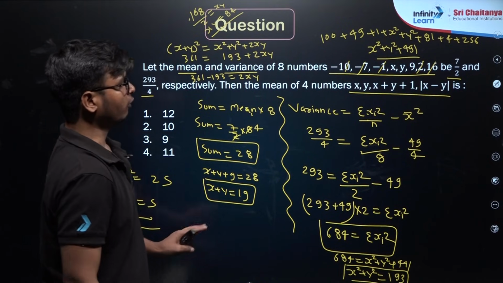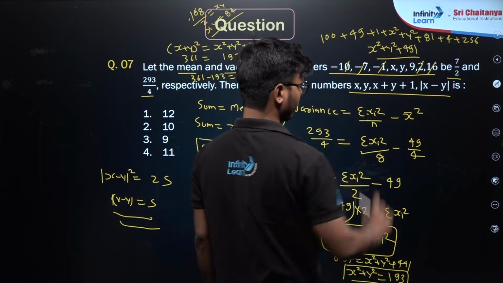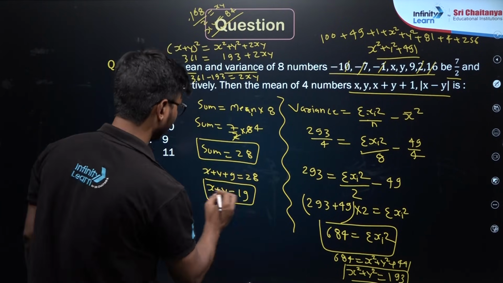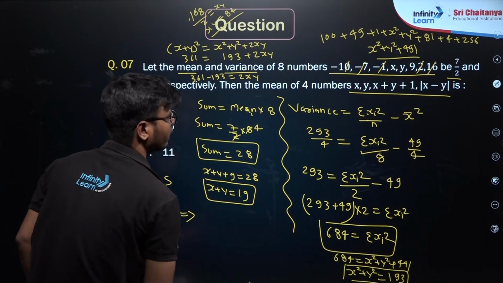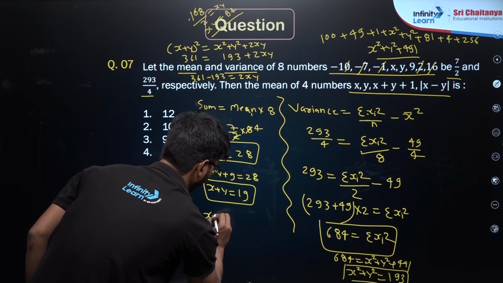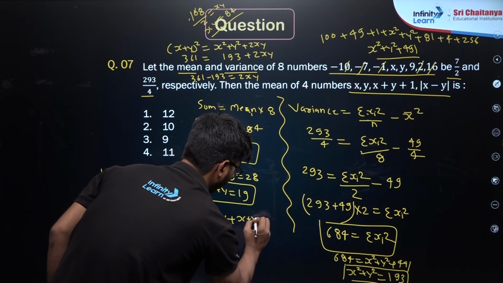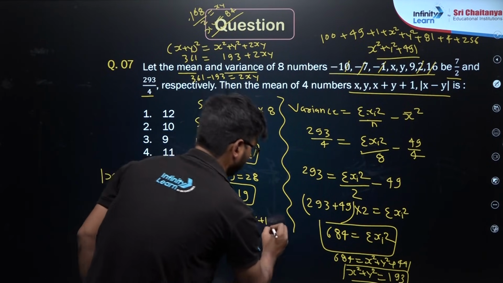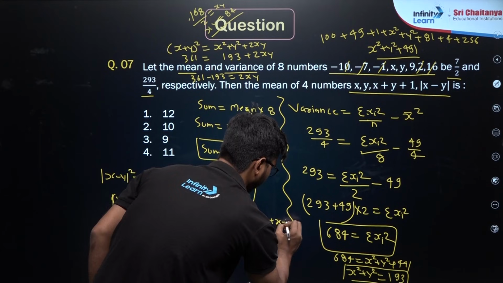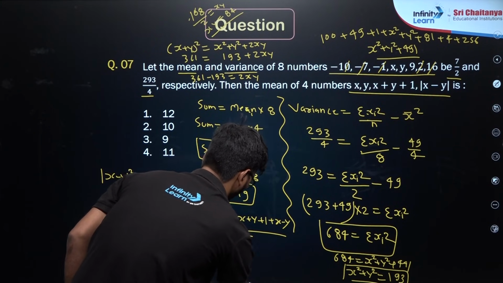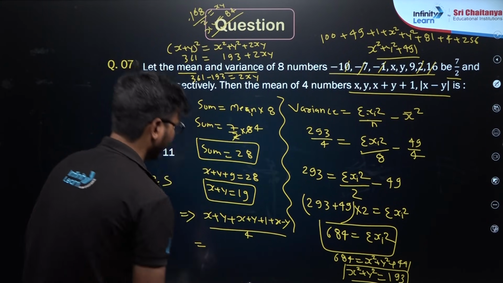Correct? We got all the values. Now I want to find the mean. So I don't have enough space, so I am writing it here. So it will be x plus y plus x plus y plus 1 plus x minus y divided by 4. So the x plus y value we know is 19.